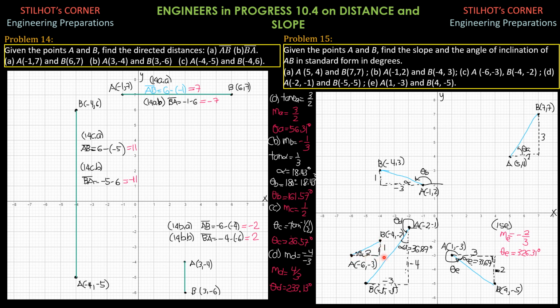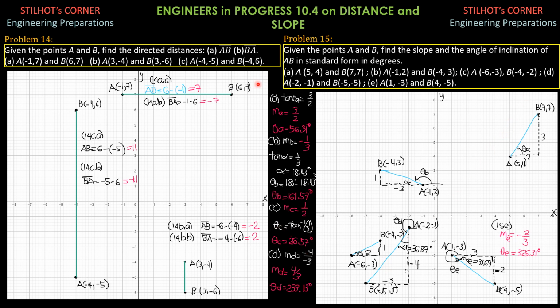Then this vertical distance is the y coordinate of B, negative 2, minus the y coordinate of A, negative 3: negative 2 plus 3 is positive 1. So the slope is positive 1 half for C, and the inverse tangent of 1 half is 26.57 degrees.